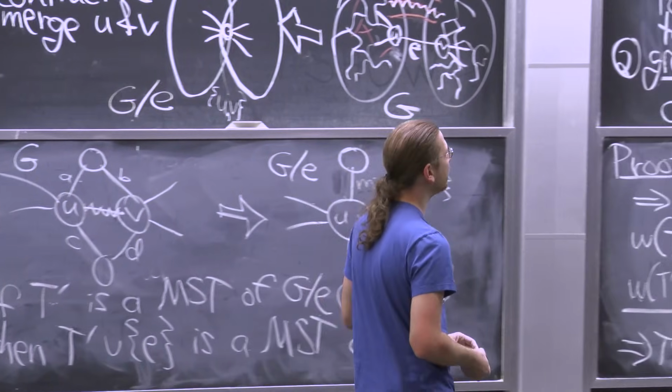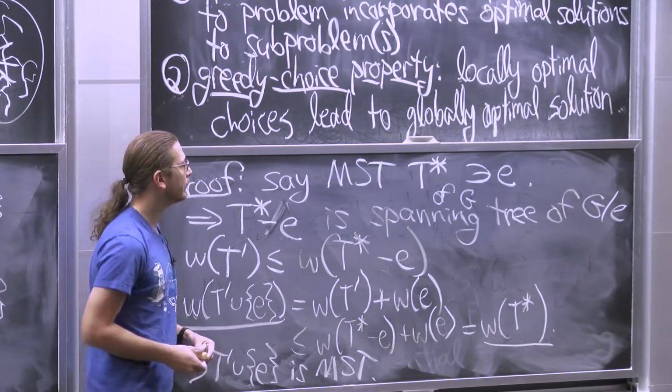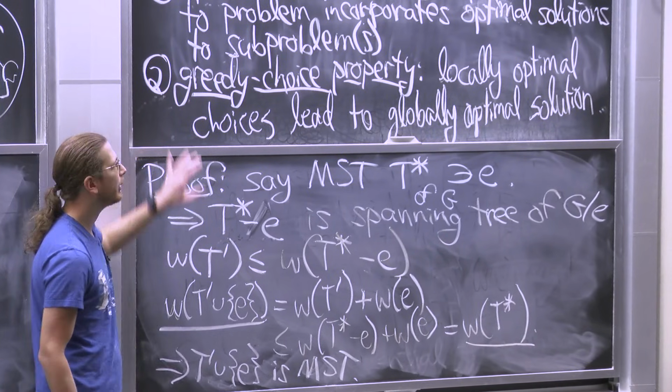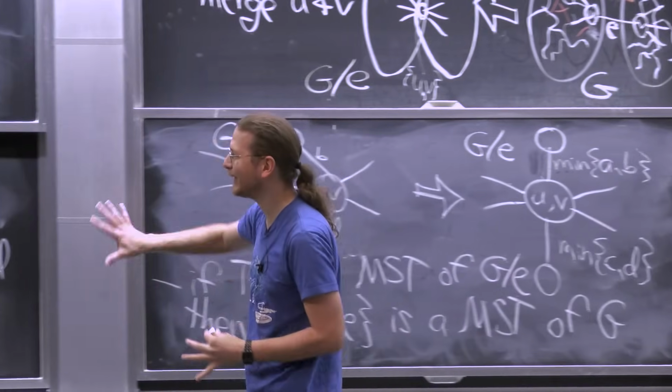The more interesting property is going to be this greedy choice property. This is sort of where the action is for greedy algorithms. And this is usually the heart of proving greedy algorithms are correct. We don't yet have a greedy algorithm, but we're thinking about it.